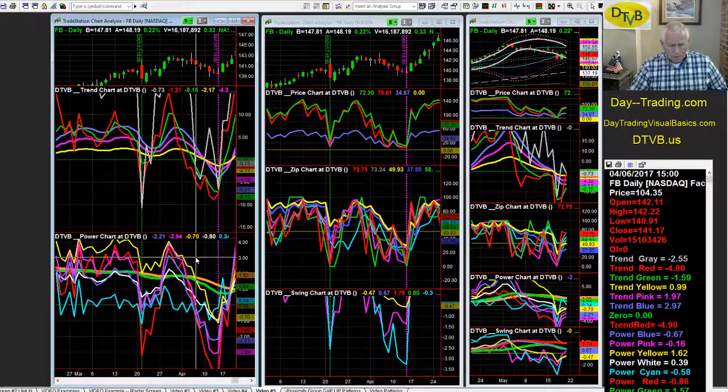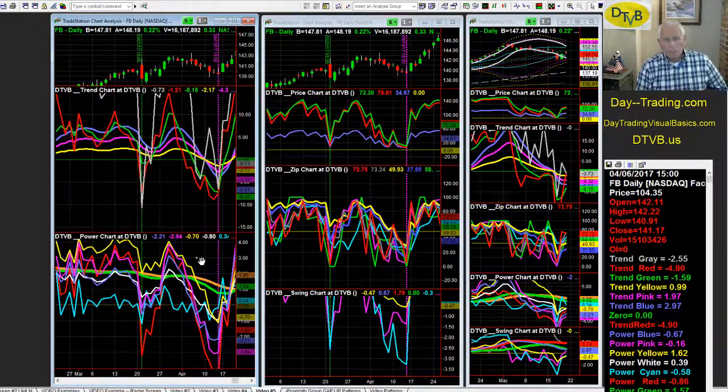And now the key thing here is that power yellow has crossed under power orange and green, or maybe not quite green yet. When the power lines, or for that matter any indicator lines, cross under zero or cross under the wide line in that chart, in this case yellow is crossing under orange and green.